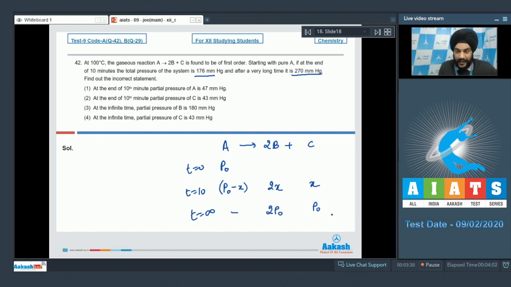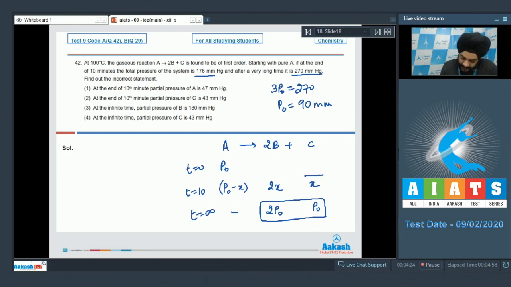Okay. Students have been given two different informations. So the pressure after a very long time is 270 mm Hg. It means that this pressure is equal to 270 mm of Hg. Okay. So we have 3P naught equal to 270. It must mean that the value of P naught is equal to 90. Now if we solve for the value of X, students, so we have the pressure at the end of 10 minutes equal to 176 mm of Hg.